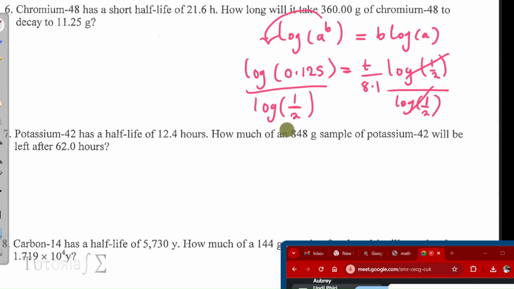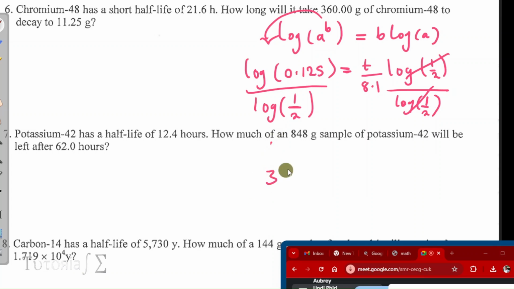And what is it now? It's giving you 3, right?